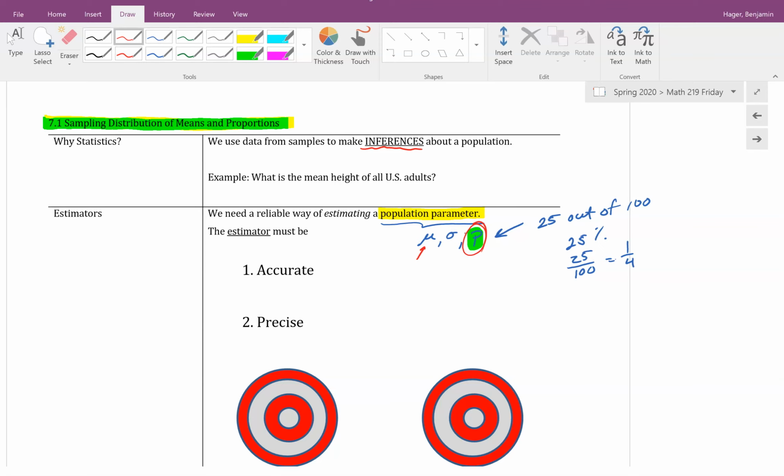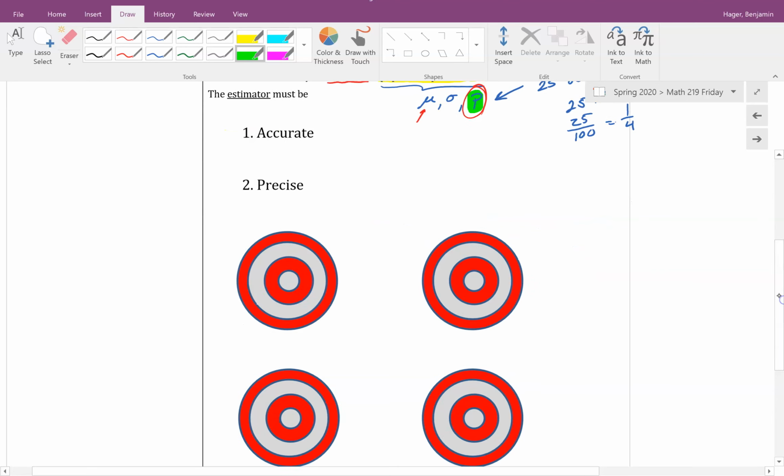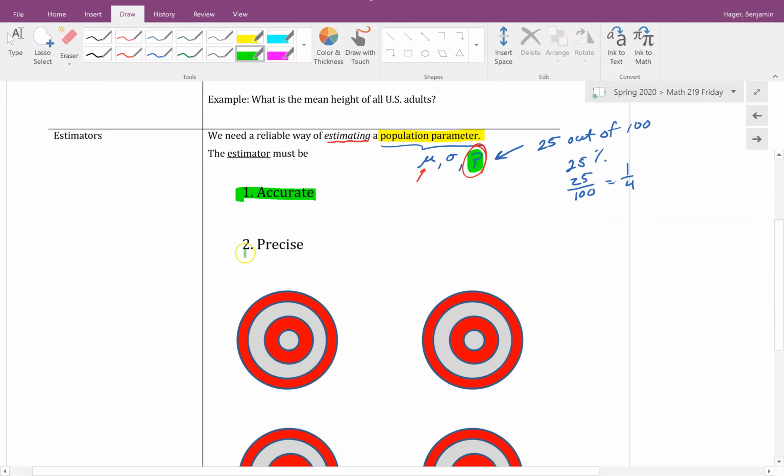Let's talk about what we do with these. We're trying to estimate one of these parameters by taking a sample. There are two things we really need out of our estimator, like our sample mean or sample proportion. We need them to be accurate and precise. By accurate, we mean on target. They're aiming in the right place.